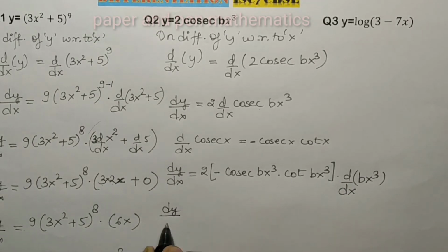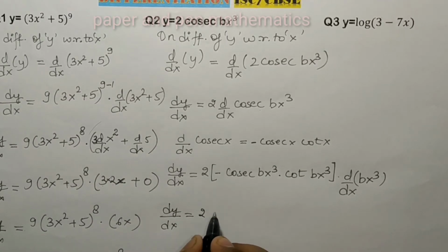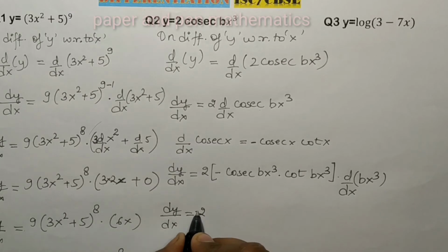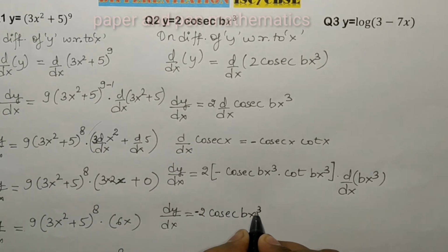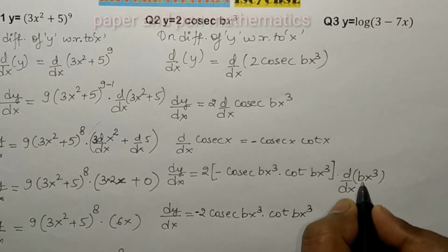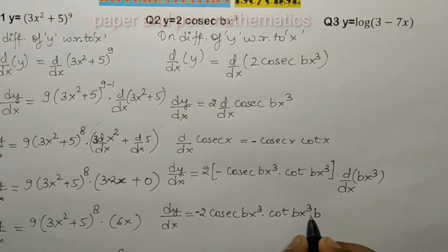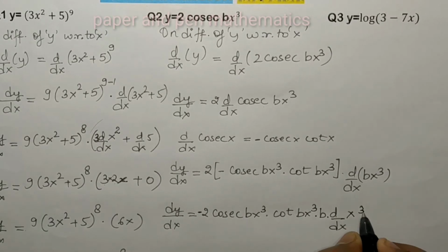So dy by dx is equal to 2, or else you can write minus 2 cosec bx cube dot cot bx cube. B is a constant, so it will come out, d by dx of, here dot means multiplication, d by dx of x cube.